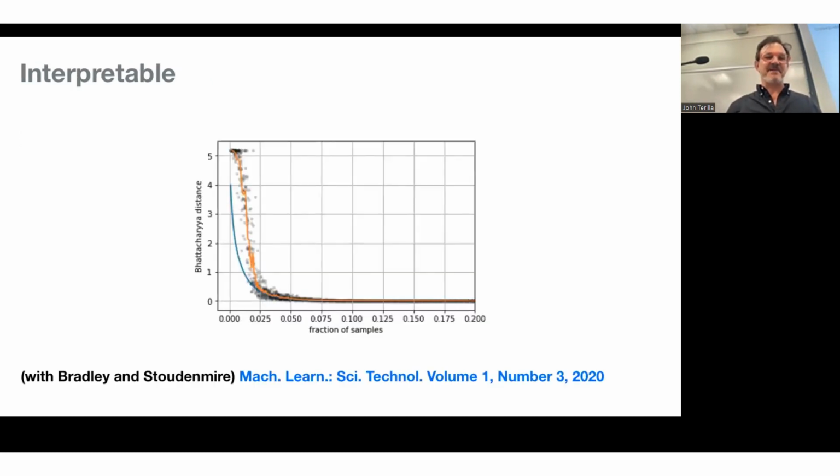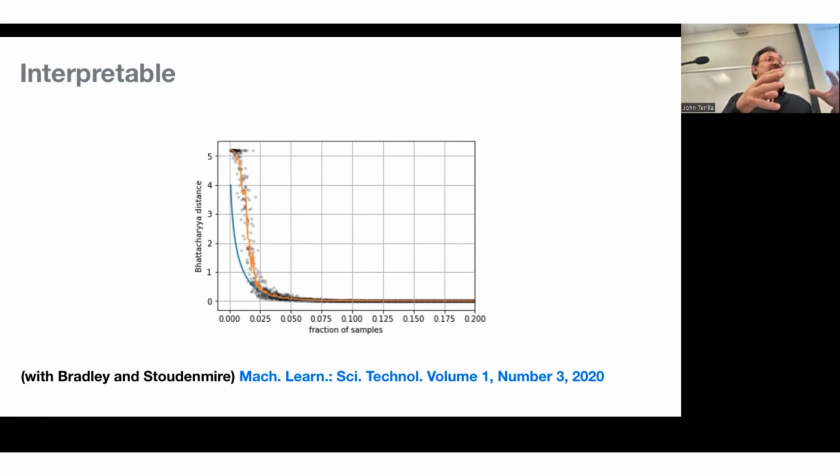Let me add something about it being interpretable. This was a different paper that I wrote with Ty Dene Bradley and Miles Studenmeyer. Miles, some of you know, is a computational quantum physicist at Flatiron. We used a slightly different training algorithm, but what this is a picture of is this blue curve.